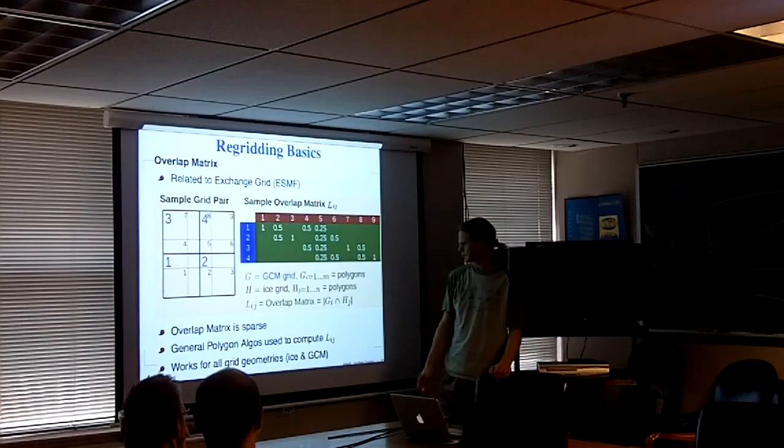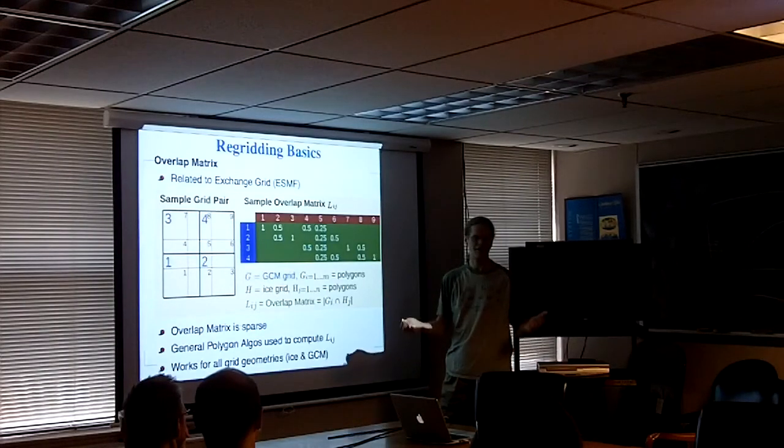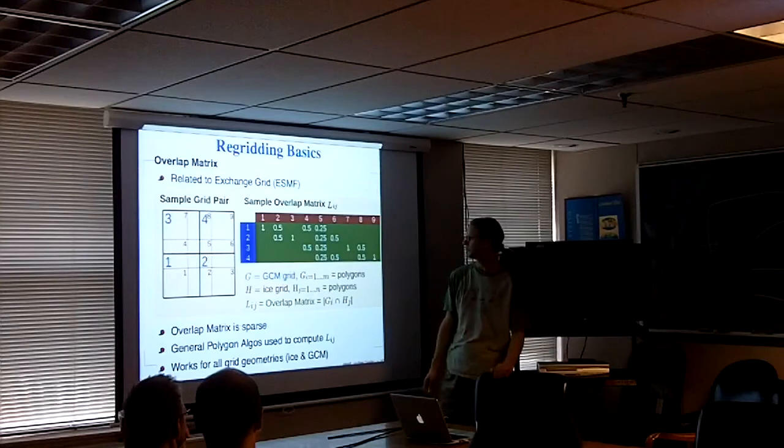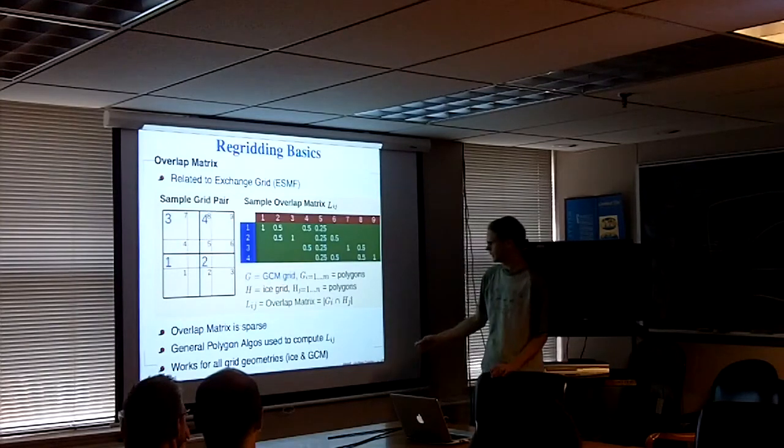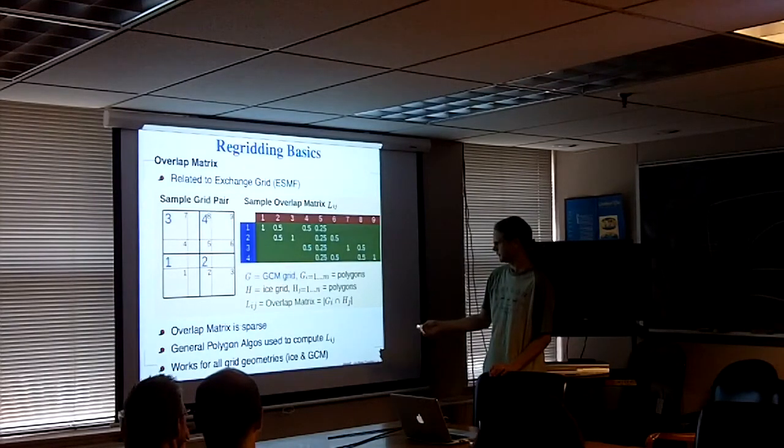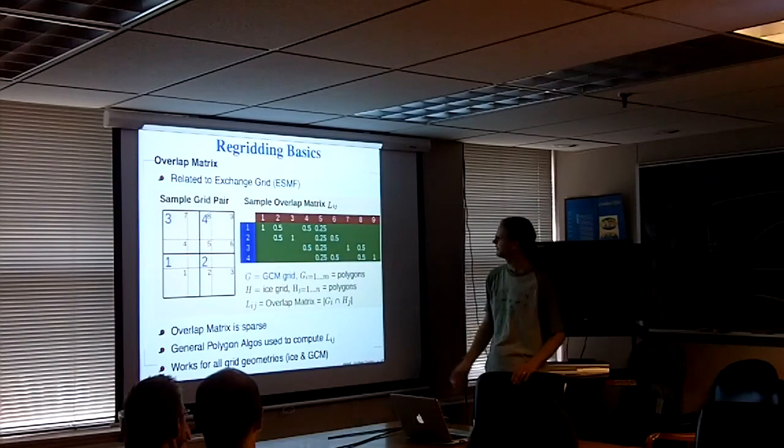I have these programs that generate overlap matrices, and it'll really work for any grids we like. It'll work for cubed sphere, it'll work for lat-lon, whatever. I'm not going to go into too much detail. Just know that it's general, that we don't have to think too hard.